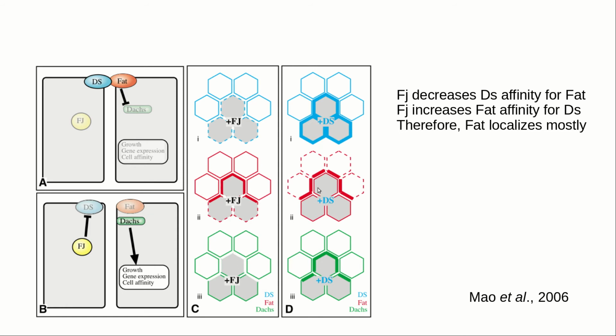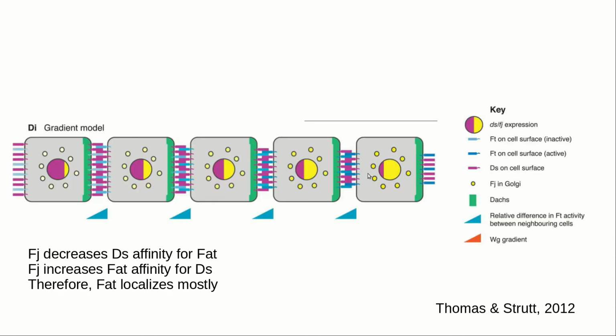Dachsous goes to these borders that are in contact with the outside of the clone, and binds to Fat. I mean, Dachsous is in all the borders, and then Fat is mostly outside of the clone, and goes there where Dachsous is accumulated. So in the end, a gradient of activities is created.